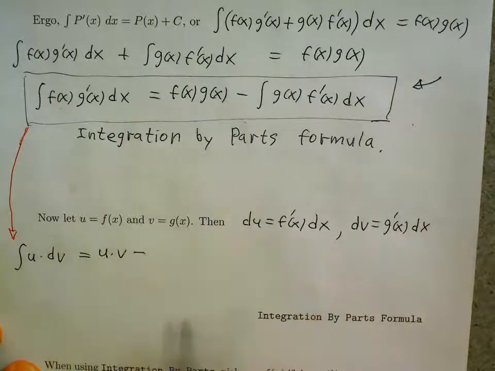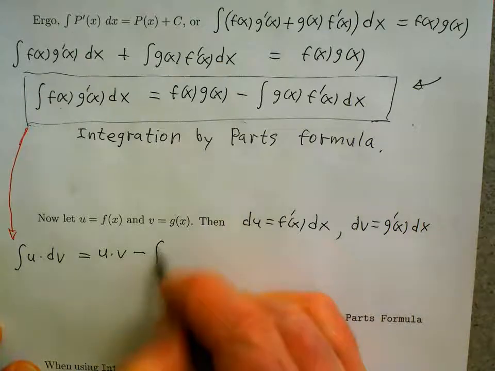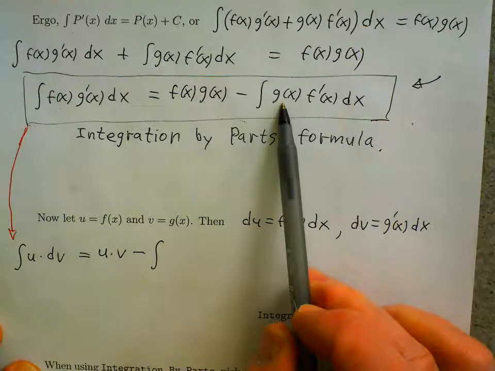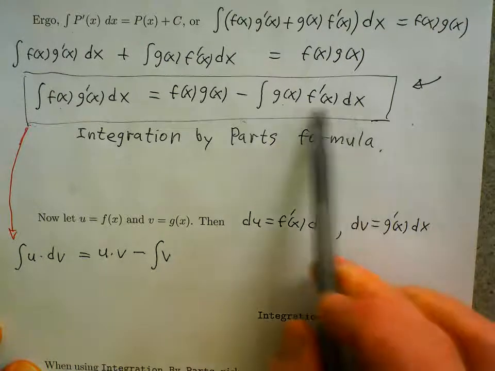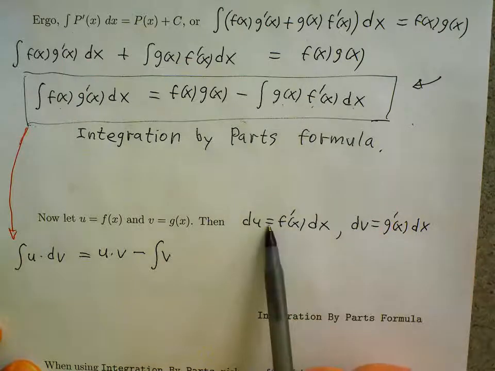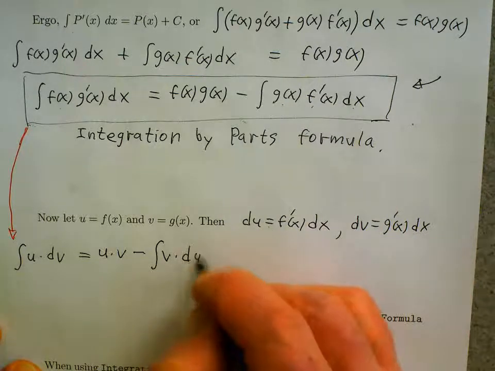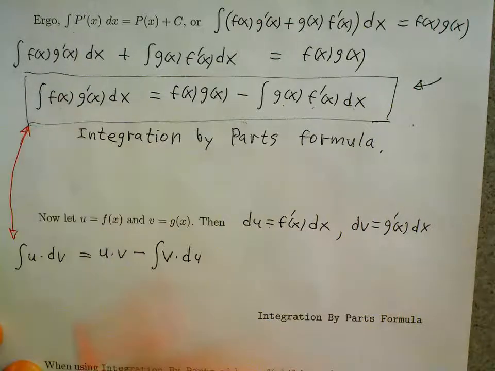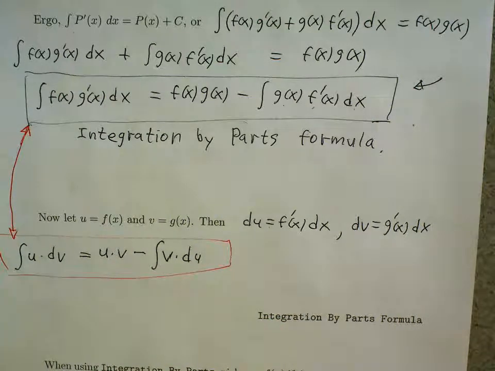And then from that, we subtract the indefinite integral, where instead of g of x we write v, and instead of f prime of x dx we write du. So both of these are the integration by parts formula. This one is just done for convenience, so you don't have to write as many letters down. At least that's my theory on that.